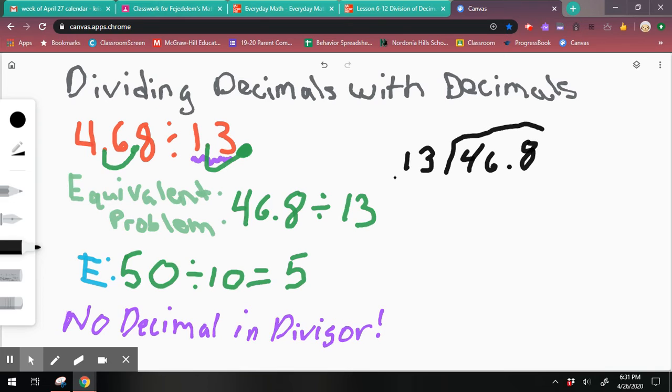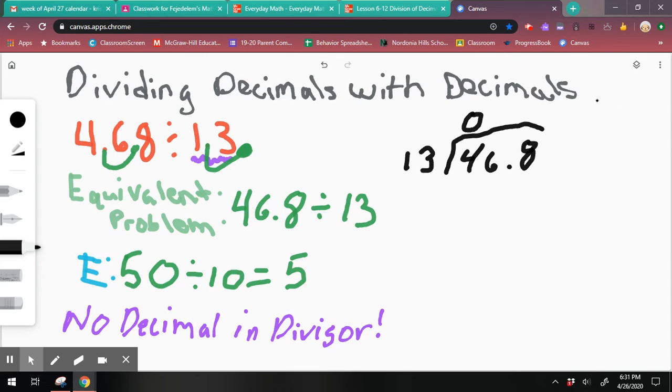How many times can 13 go into 4? Oh, it can't. So remember, to keep our place values lined up, you either want to put an X or a 0 above here to keep them lined up. Now let's look at 46. How many times can 13 go into 46?